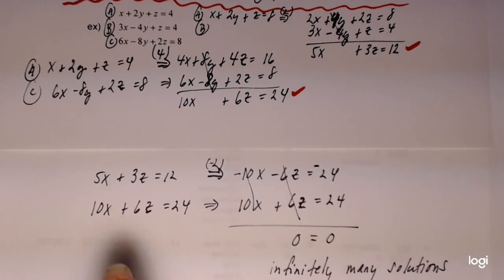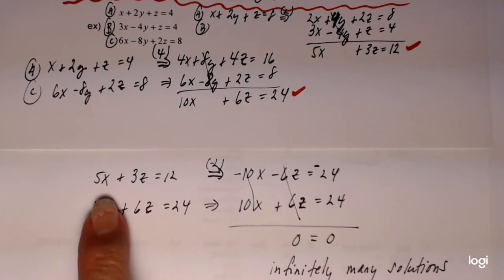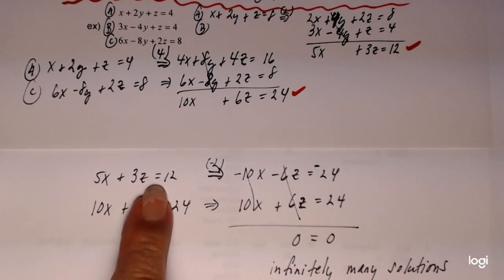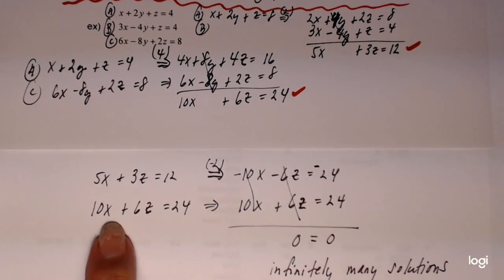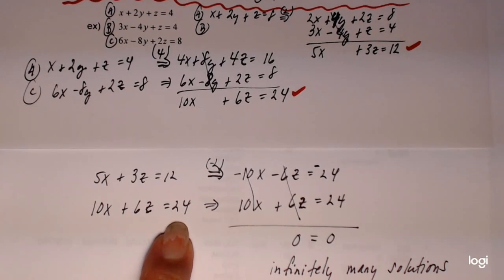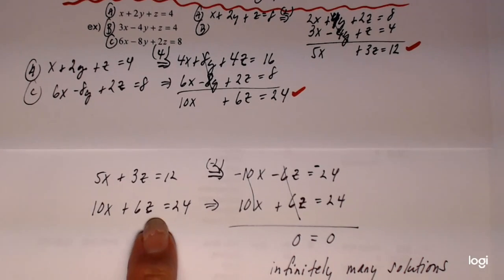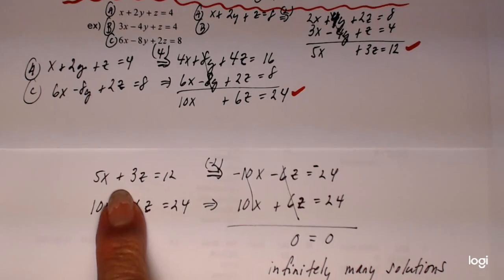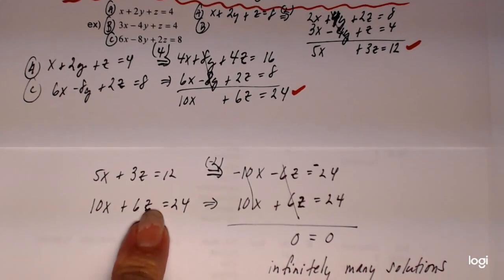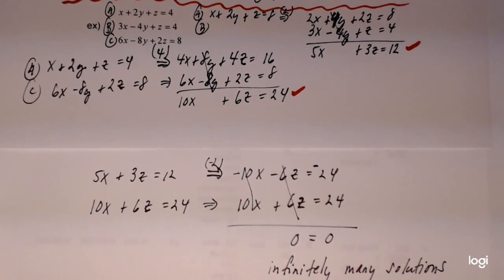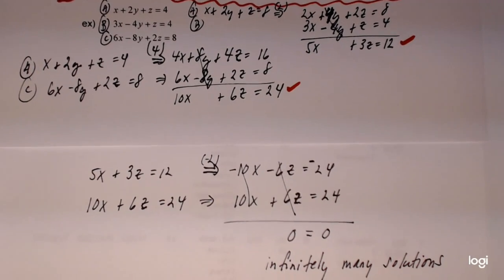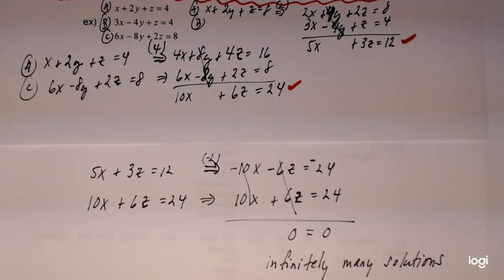If we look here, we will see that this equation multiplied by 2 gives us this equation here. Another way to think about it is if we divide this second equation by 2, we'll end up with the same equation. So even though it looks like different equations, it's the same equation. So it's not just one x, one y, and one z. There are infinitely many solutions we can come up with.